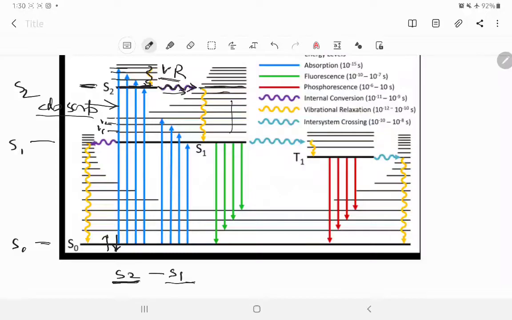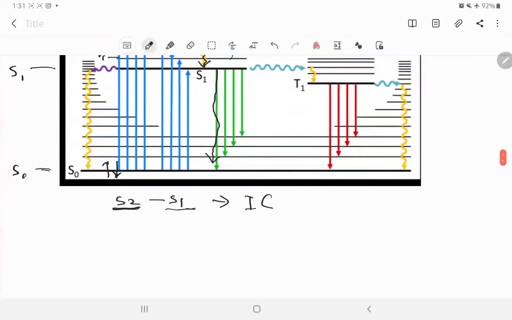This S2 to S1 transition, from a higher singlet to a lower singlet, is called internal conversion. Again, there is a vibrational relaxation. It comes to the ground vibrational level of the S1 state, and from S1 it may come to the ground state.